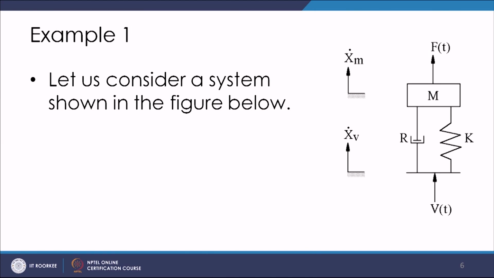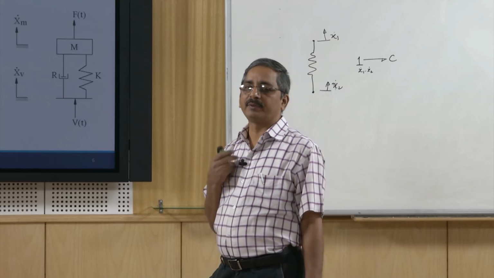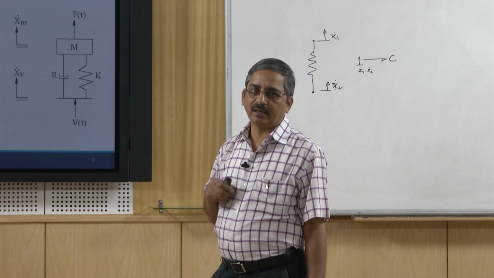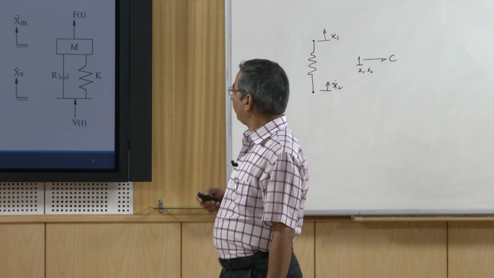First, I am going to take an example of a spring-mass-damper system with the base subjected to certain ground excitation. This may be considered as a simple model of a car with the wheels subjected to excitation from the ground.